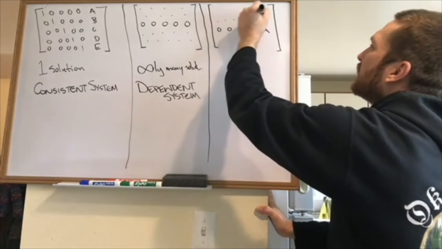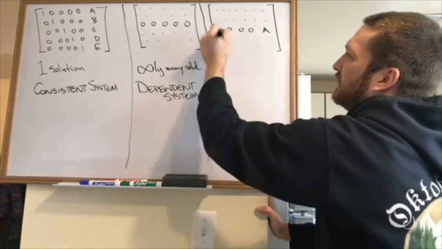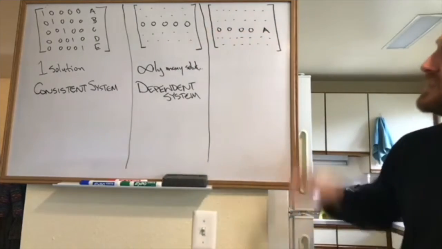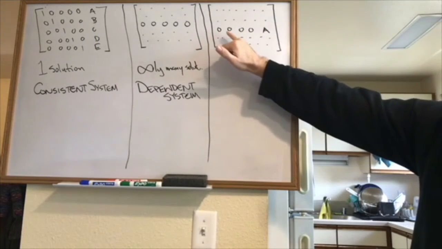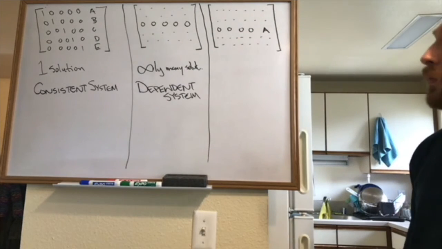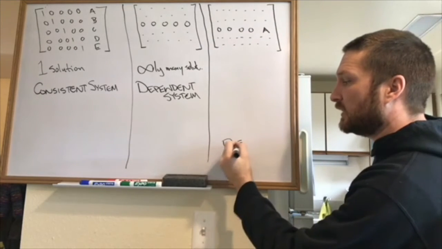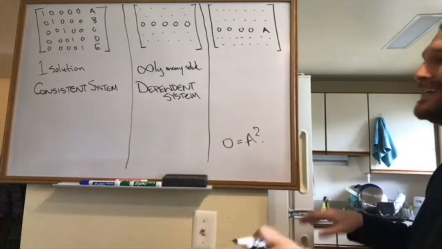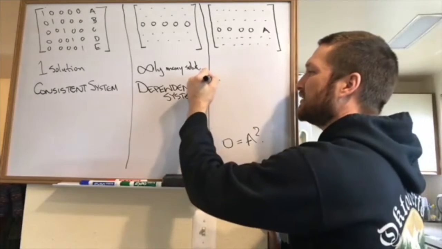Doesn't matter when it occurs, doesn't matter where it occurs. It could be the top row, it could be the bottom row, it could be one of the middle rows. As soon as you have a bunch of zeros here and then a constant over there, well, what does that mean? It means that 0 equals something that's not 0. That's impossible. That's inconsistent. That is a contradiction.